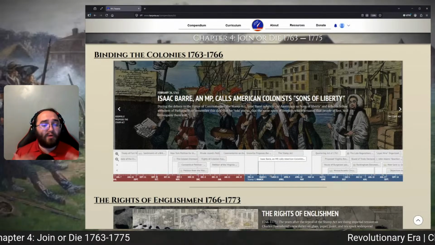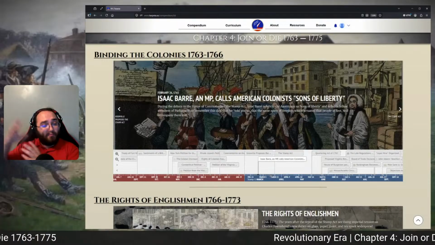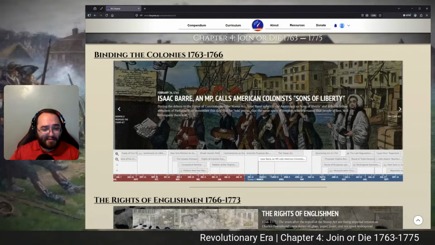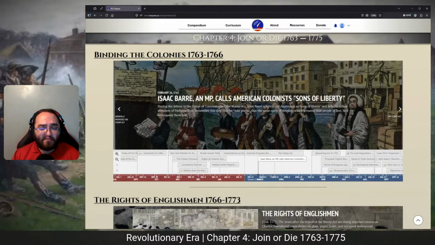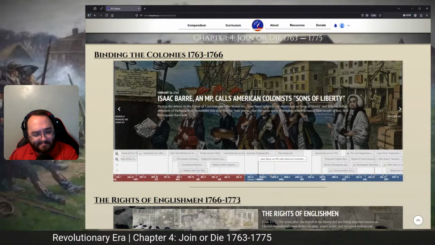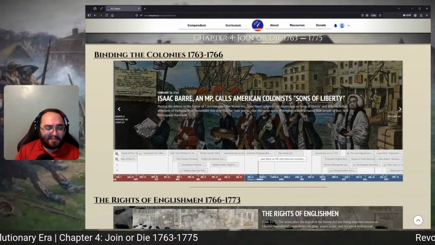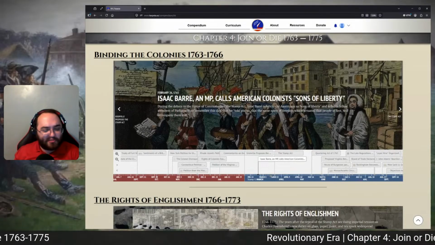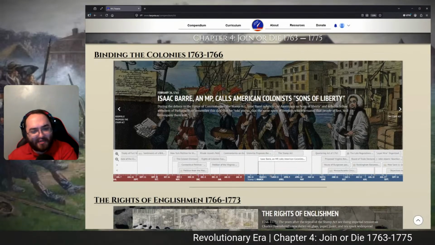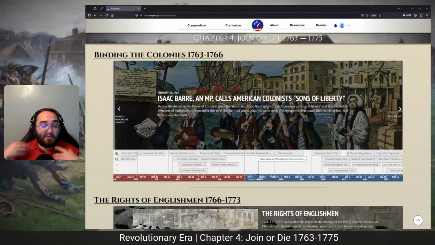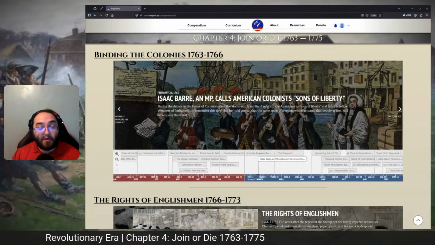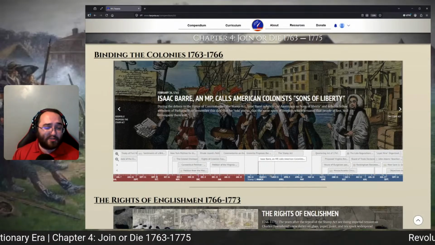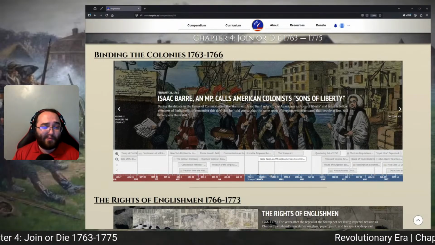So it probably would have been best for Parliament, and for maintaining the empire, if they stuck to a policy and didn't repeal it, but then added us into the representative body of Parliament, which most members, maybe not most, but a very large portion of Parliament, especially the Whigs, were okay with.